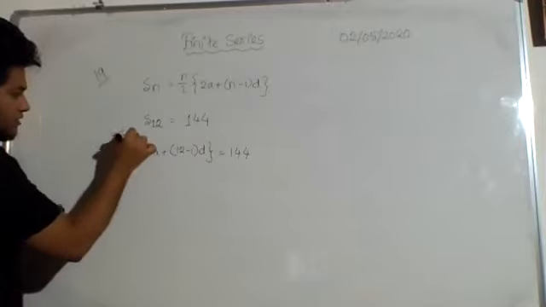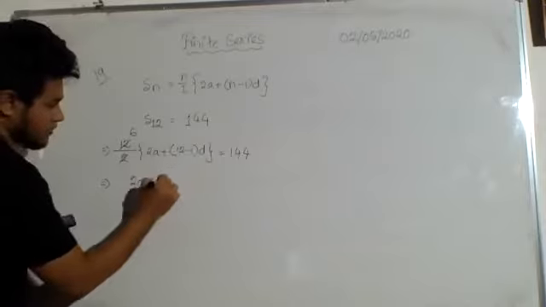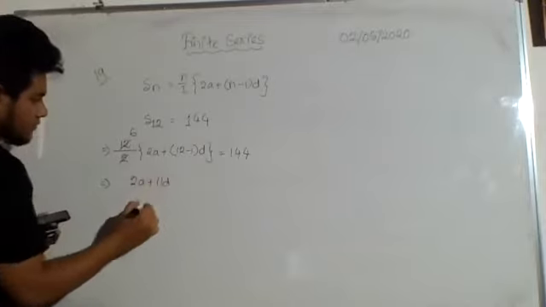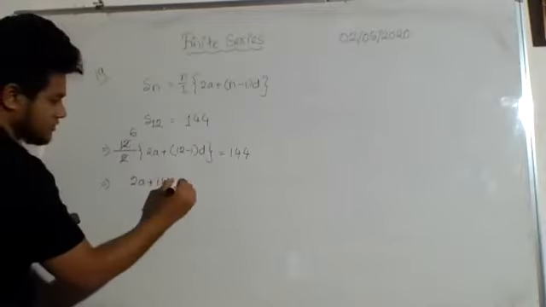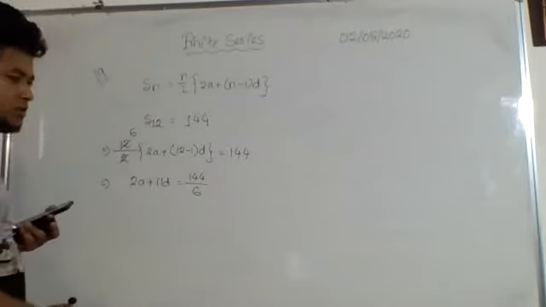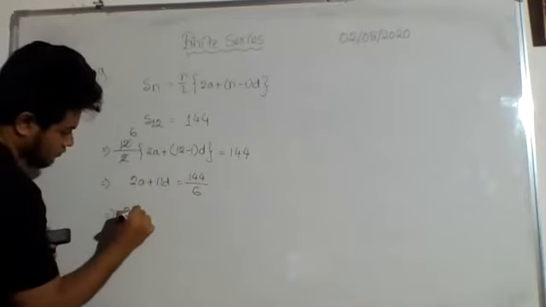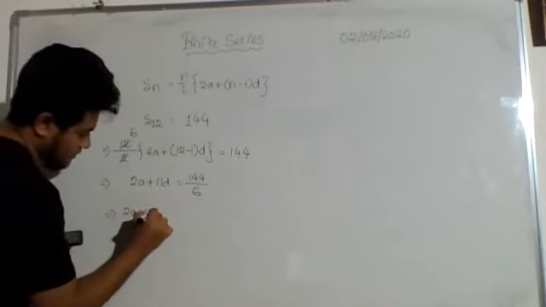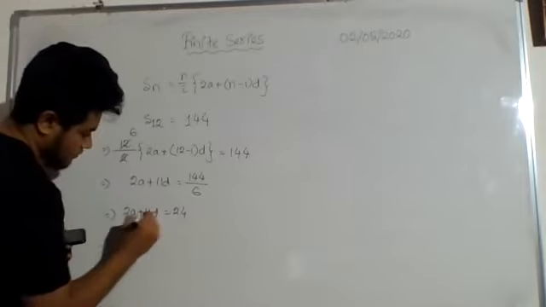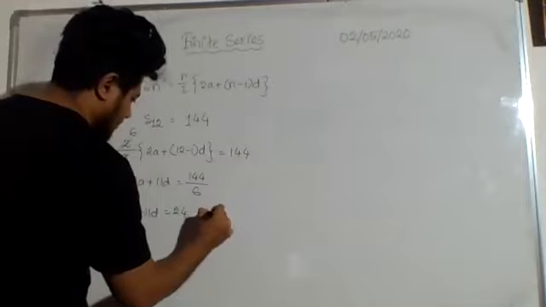Cutting 12 by 2 gives 6, and inside we have 2a plus 12 minus 1, that is 11d. Then if I change the side of 6, it will be 144 divided by 6, that is 24. So 2a plus 11d is equal to 24, right? So this is one equation I'm getting.